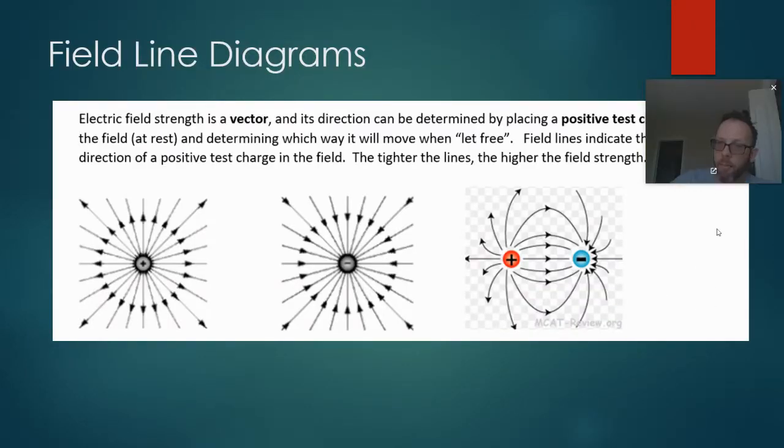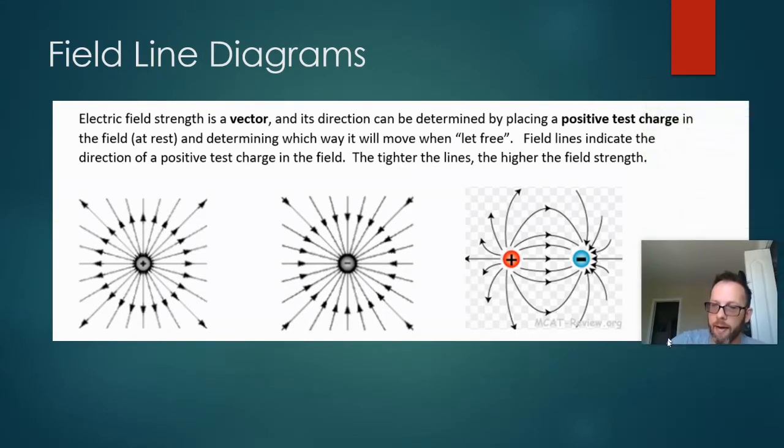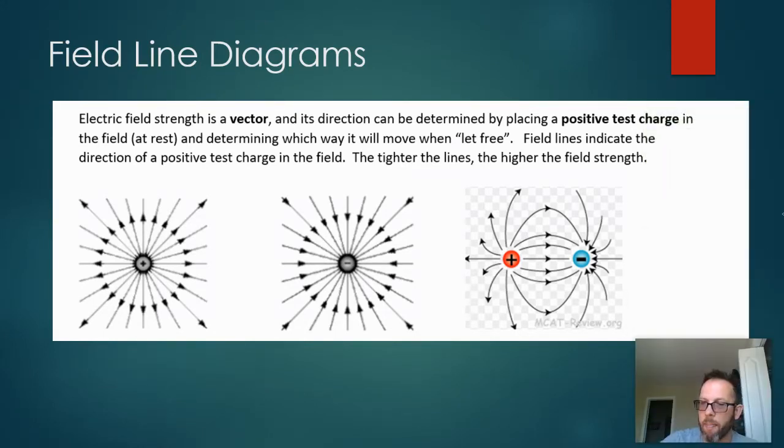You may have seen diagrams like these before. These are field line diagrams, and I told you not to copy down certain things because we had better diagrams coming. So again, when we're thinking of the electric field strength, its direction is always determined by thinking what direction would a positive test charge move when let free.